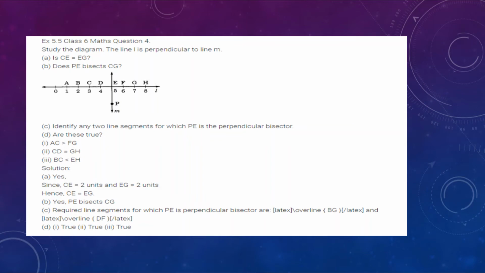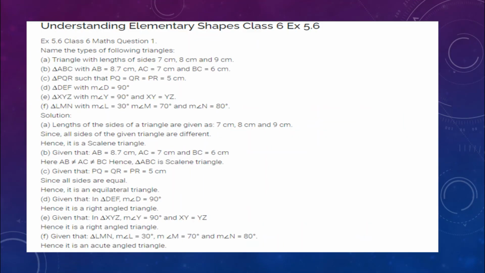This is also true. Then BC is less than EH, where BC is 1 unit and EH is 3 units. So definitely BC is less than EH. This is true.